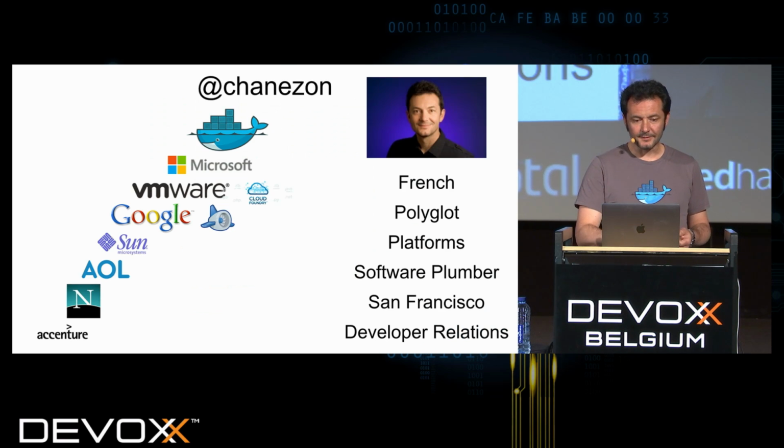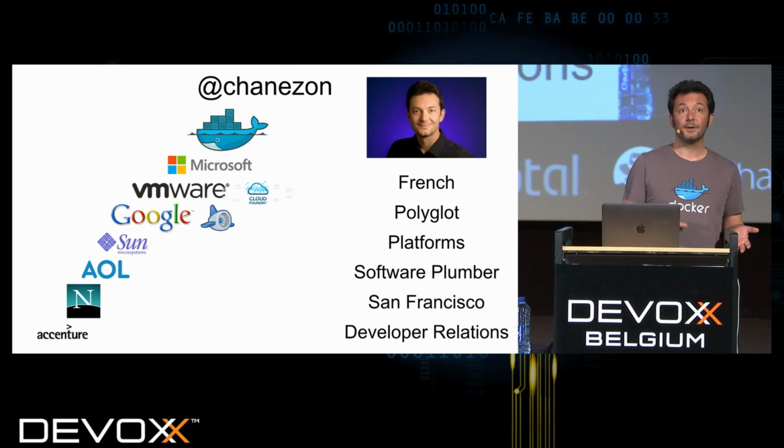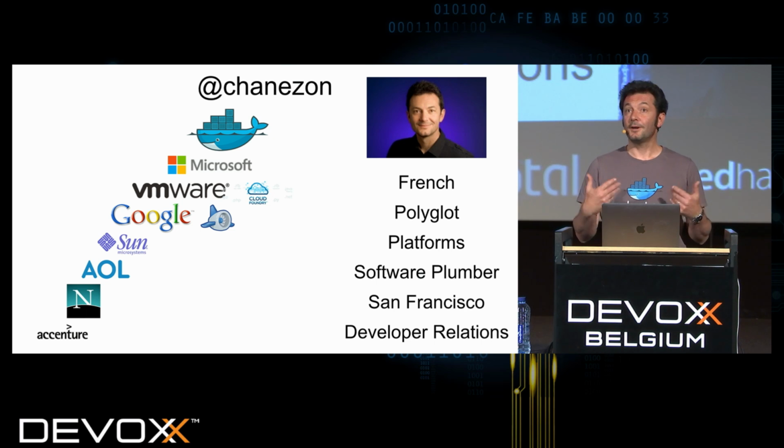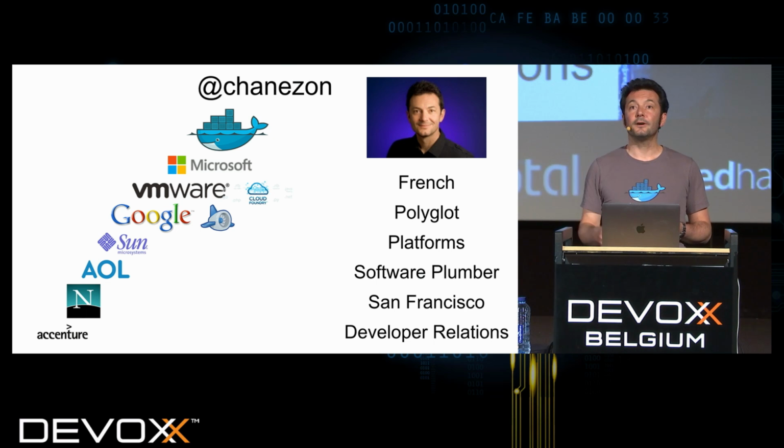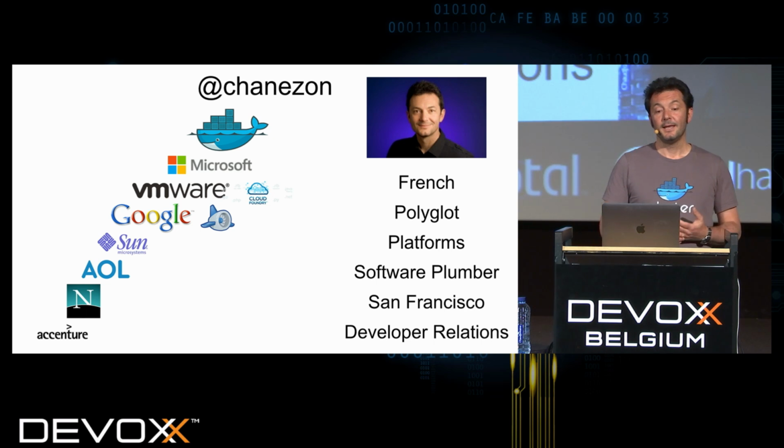Okay, so let's get started. So first, a little bit about myself. I'm French, as you can hear from my accent, but I live in the US. I spent 10 years in my career building platforms at Netscape and Sun, and then 10 years doing evangelism at Google, VMware, Microsoft, and I joined Docker a year and a half ago.